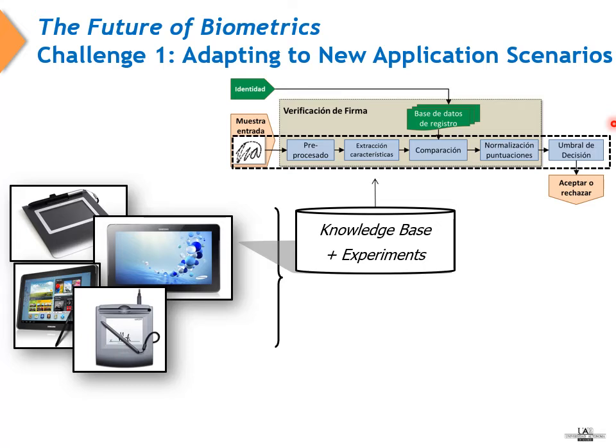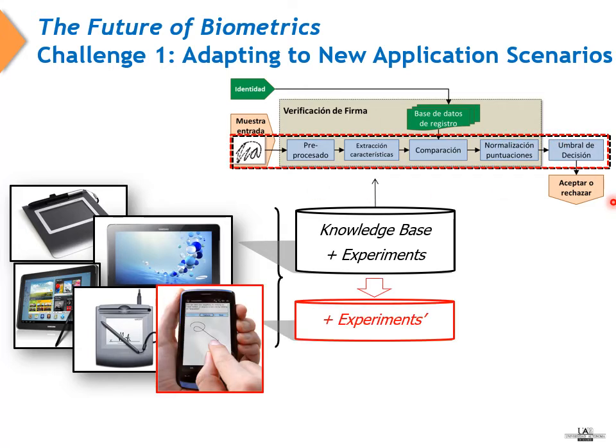Let's assume we have already designed the system here, and now we have a new device or a new set of devices that are different to the previous one. They are similar, they share the same nature of the biometric trait. So here we have also signature or a written symbol, but you can see that this is a mobile phone in comparison to fixed devices like the previous ones.